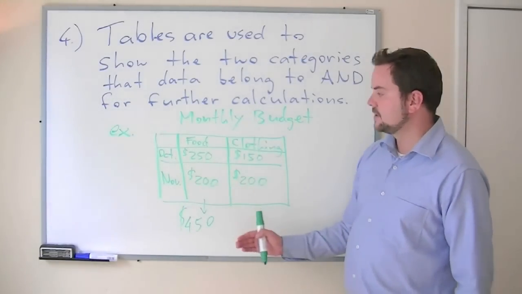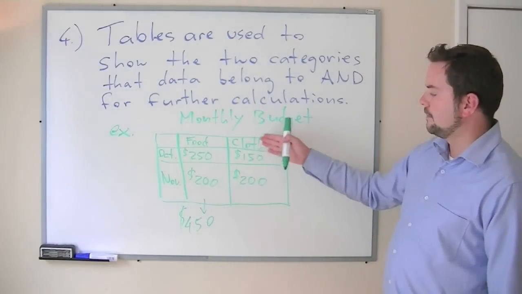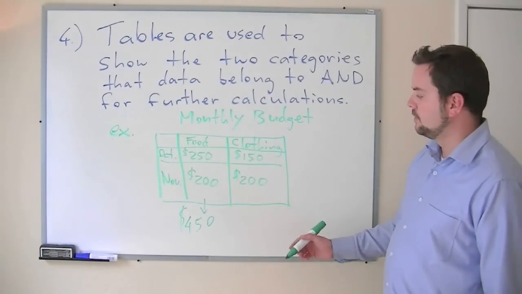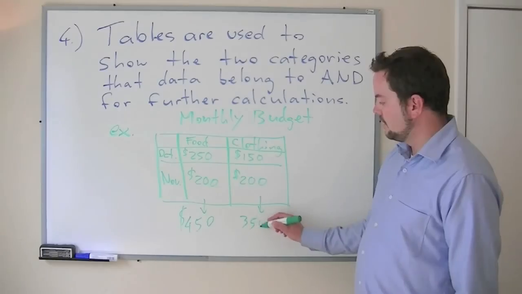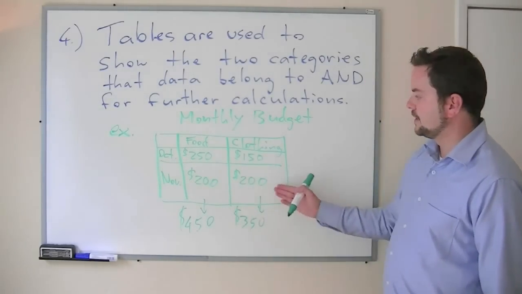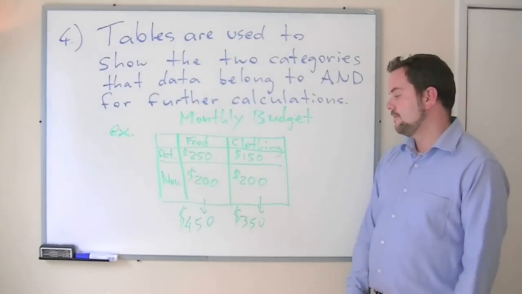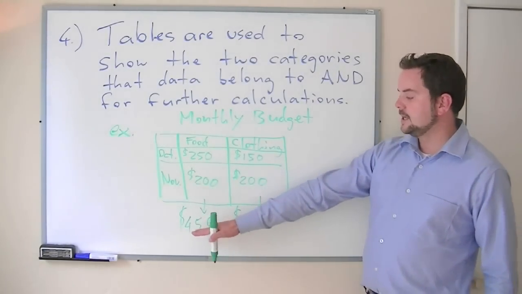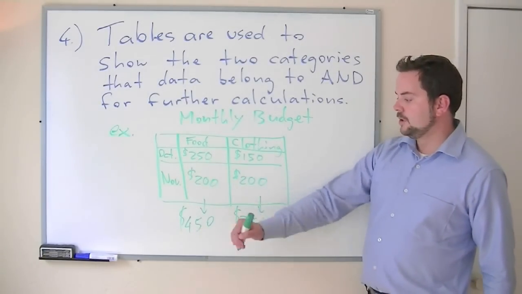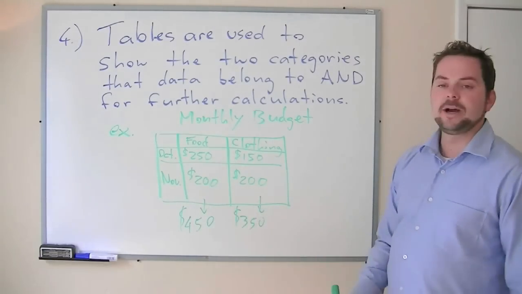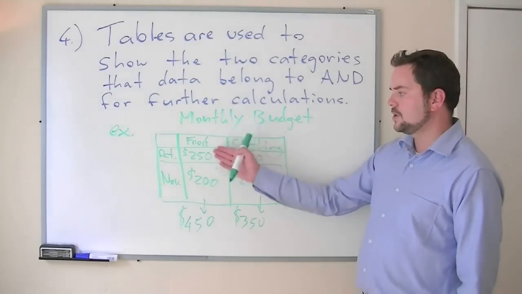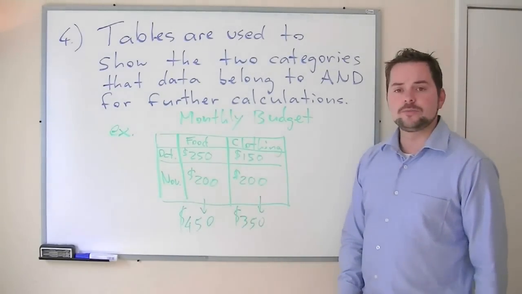In contrast, by adding together the third column, we learn that $350 was spent on clothing. Therefore, we can state that food for these 2 months was more expensive than clothing by about $100. So this is by adding together the columns.